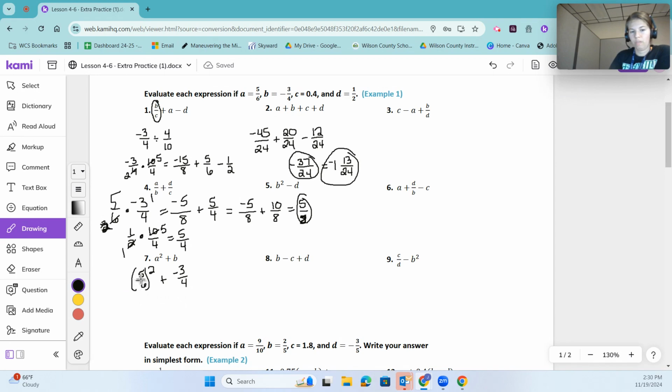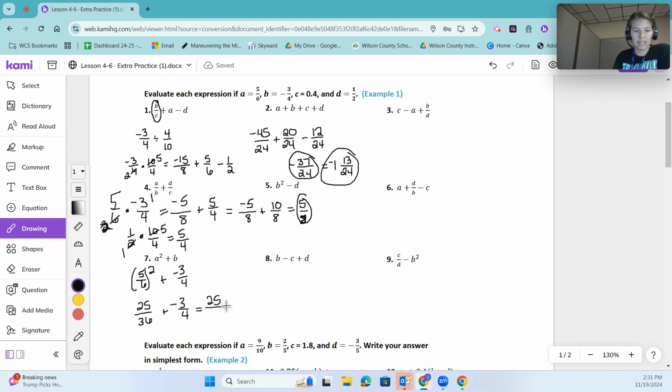So 5/6 squared is going to be 25/36 plus negative 3/4. I need to find a common denominator here. 4 goes into 36 9 times, so 36 is going to be my common denominator.